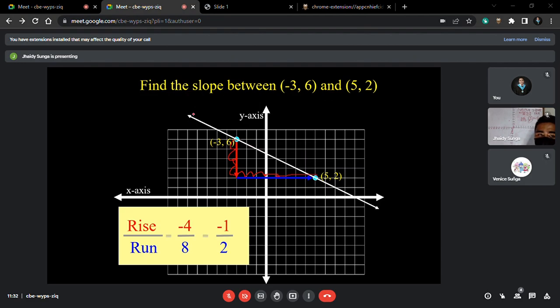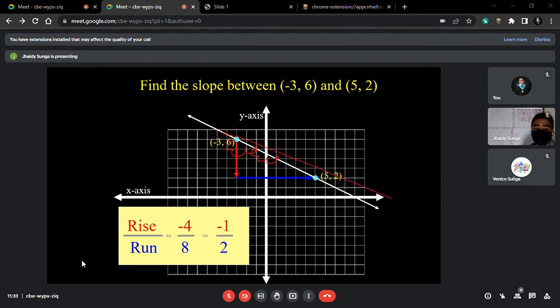With negative 1 rise and run 2, we go down 1 again, then run 1, 2, until we have points that form a line.